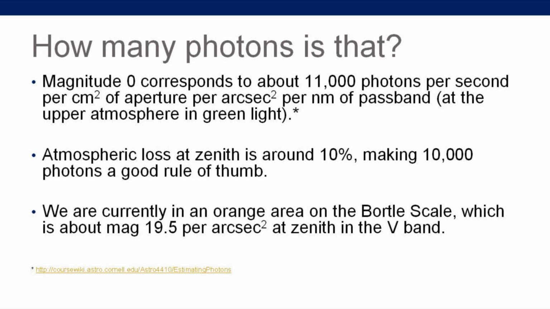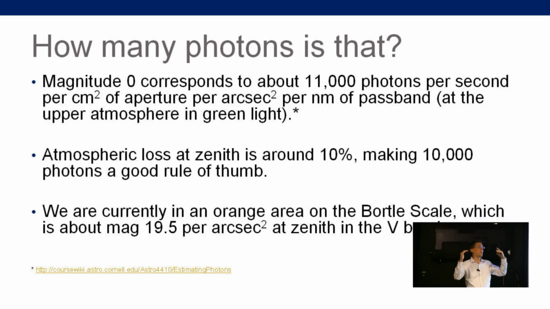Magnitude 0 stars at the top of the atmosphere in V band are about 11,000 photons a minute, per square centimeter of aperture, per square arc second of sky, per nanometer of passband. That's at the upper atmosphere, in V band.